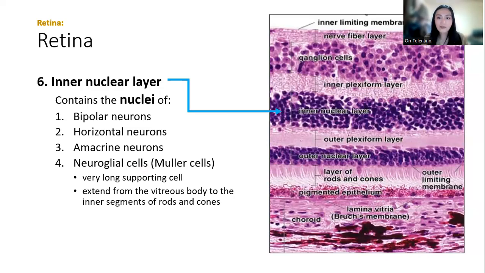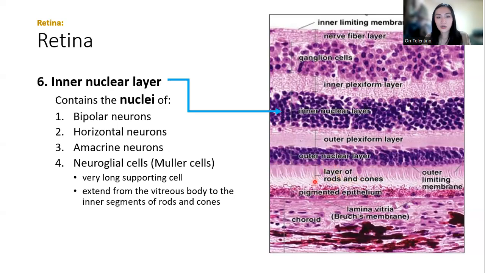It helps in the homeostasis and metabolism of the neurons because it regulates the extracellular environment by facilitating water and ion transport. So basically, the Muller cells make a good environment for the neurons to function. So these Muller cells, very long, go from the vitreous body, from the very front of the retina, all the way to the back of the retina, near the rods and cones layer, okay?